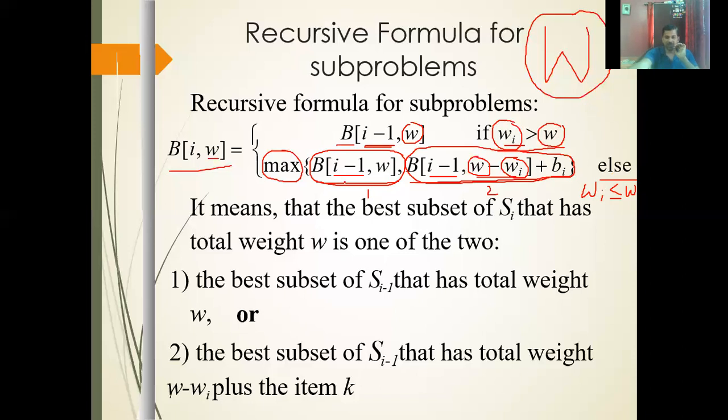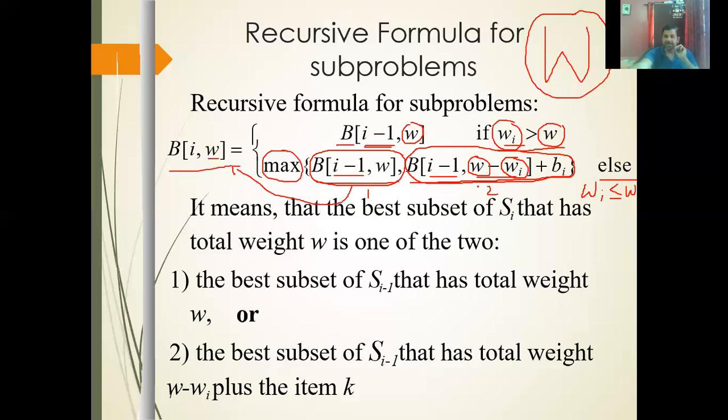In the first section, without inserting, if I'm getting the profit with the previously considered item, that is I minus 1 comma W, that is without inserting itself, if I'm getting the maximum benefit, then this should be assigned to B of I comma W.